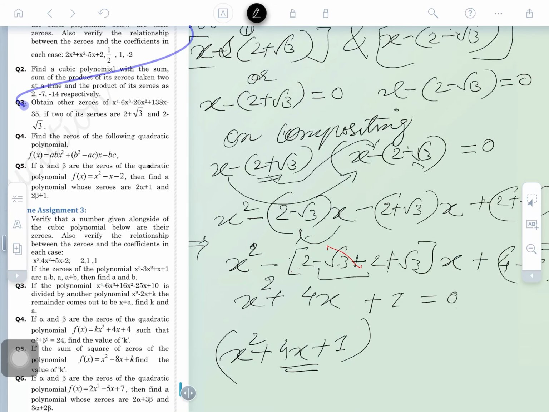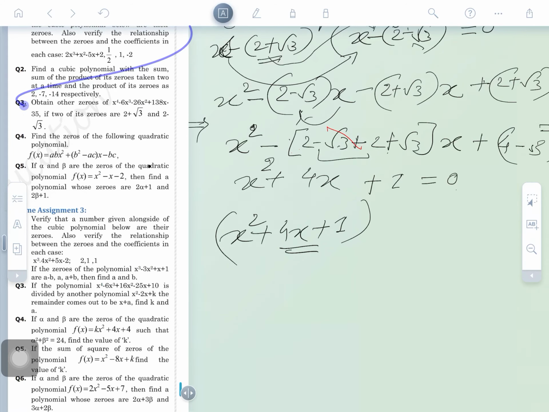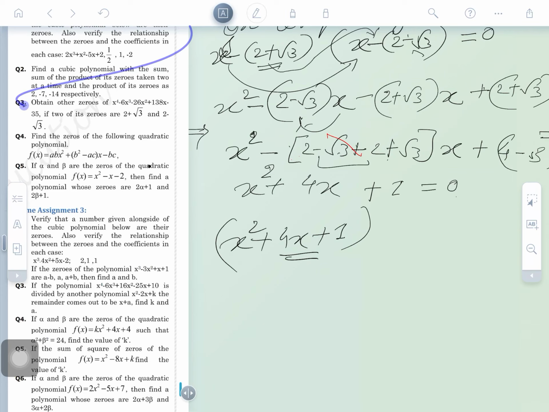You need to bring further the other zeros, for the other factor. How can we find the other factor?